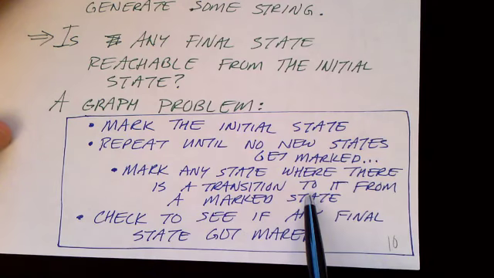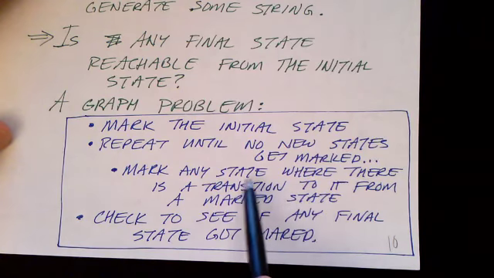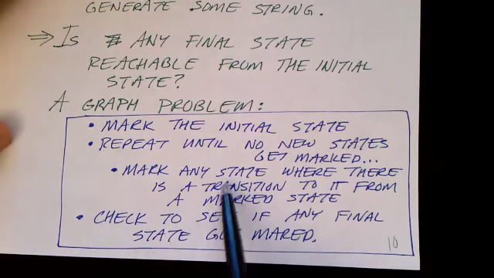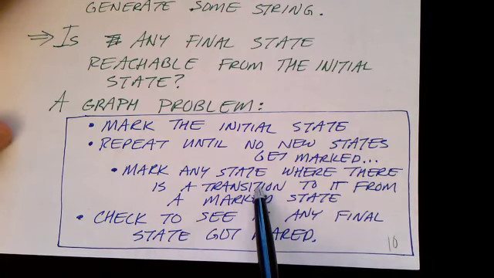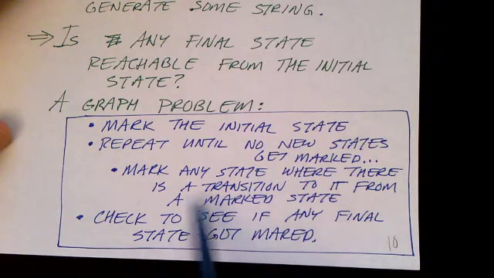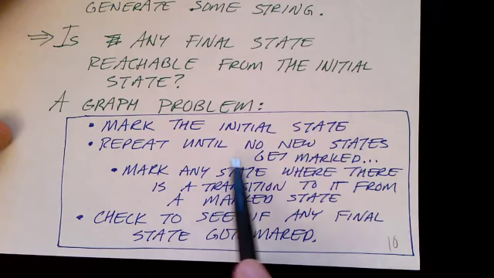To put this another way, we're going to look at every single transition in turn and ask whether that transition leads from a state that is marked to a state that is not marked. And if so, we're going to mark the state that was not previously marked. And then we're going to keep looking through those transitions until at one point we can go through all the transitions without marking any new states.